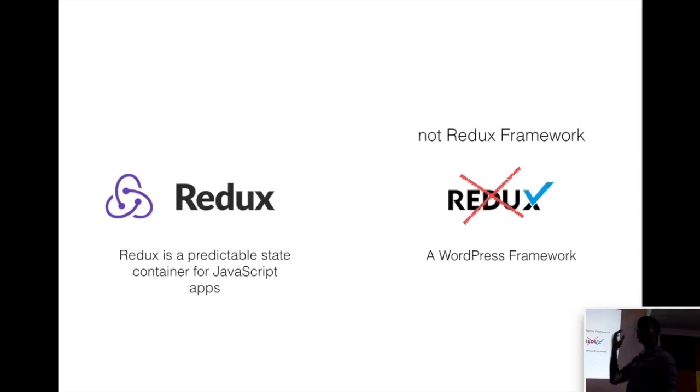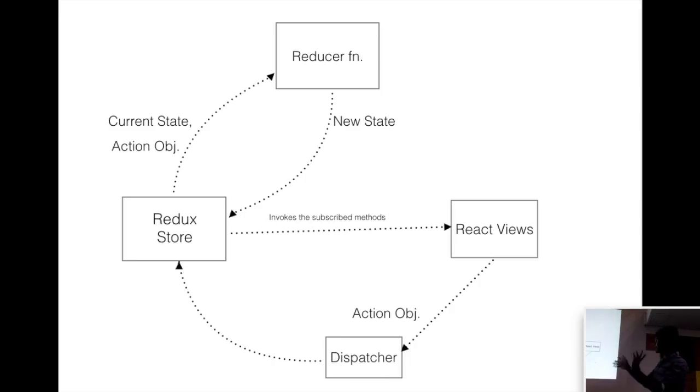I think it's pretty much self-explanatory, right? It's a state container basically, and if you see how the implementation of the Flux diagram changes when you come to Redux, you will have something called a reducer function, and what your React views will do is they'll dispatch an action object, and your Redux store will take that action object and give it to the reducer function along with the current state.